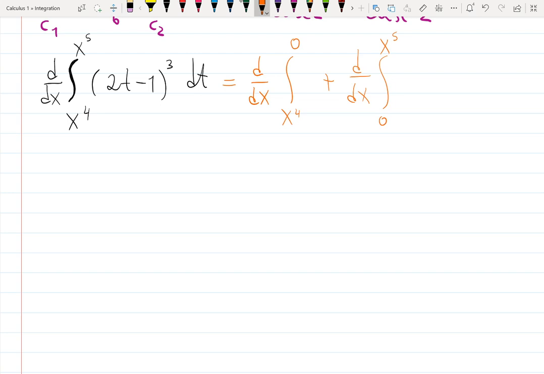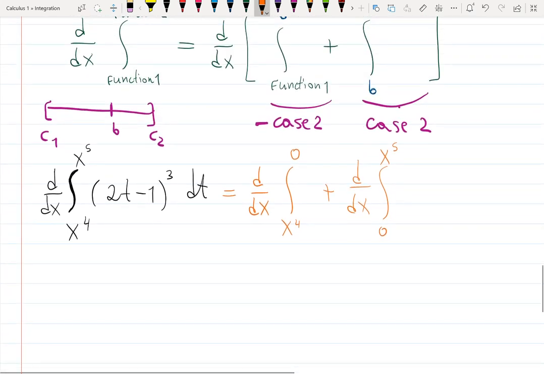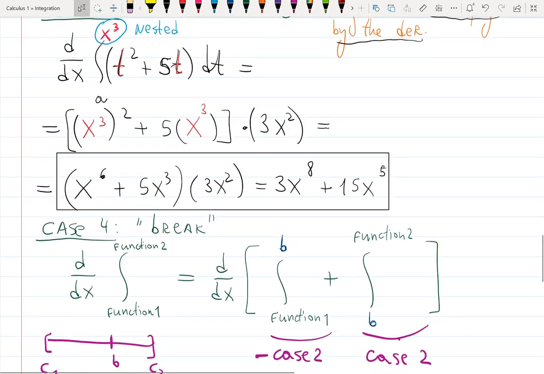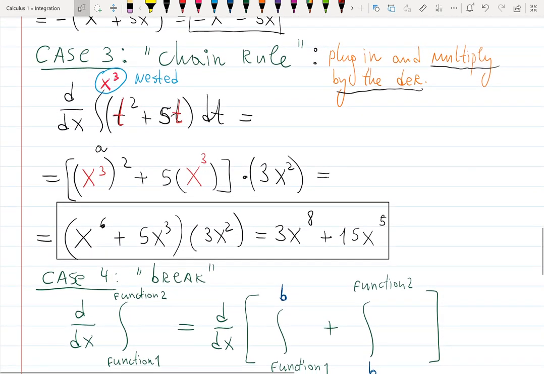And this 0 or 5 or any kind of numbers, if you notice, they never actually mattered. Every time I was working with the derivative of the integral, this a or whatever it is never mattered at all. That's a pretty cool part of it. Because we're talking about the function regardless of the interval before we started integrating or differentiating it.